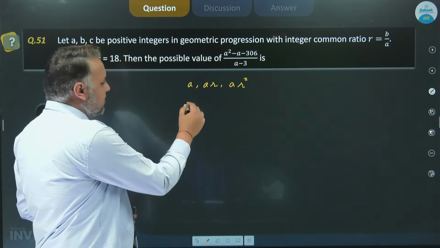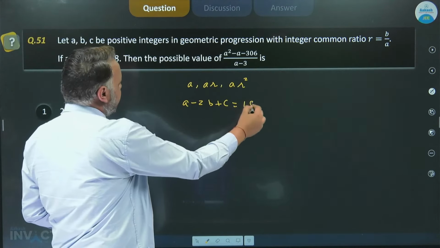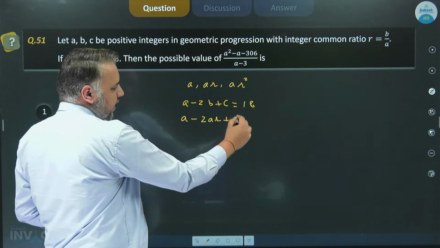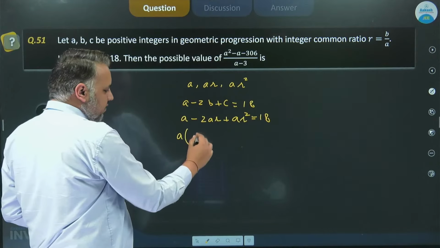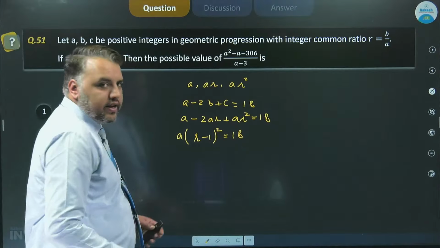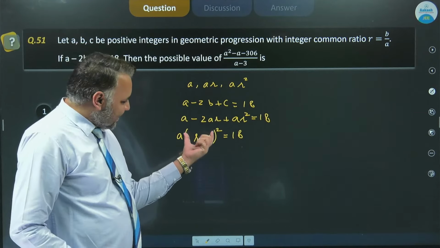So we are given that A minus 2B plus C is equal to 18. So that means A minus 2AR plus AR square is equal to 18. If we take A common from here, then we'll say A into R minus 1 whole square is equal to 18.